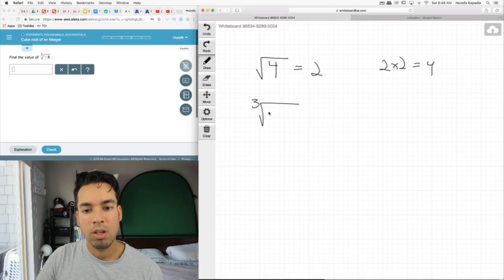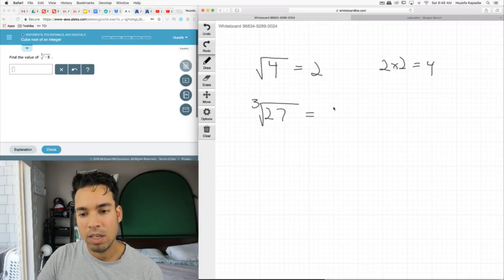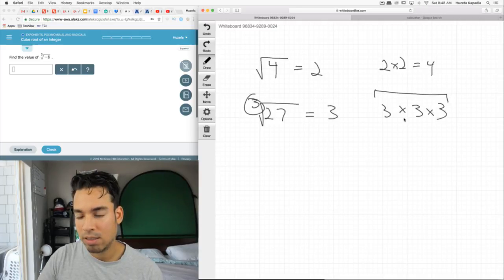So for example, the cube root of 27 equals 3, because 3 times 3 times 3 equals 27. With a cube root, we have 3 instances of that number.